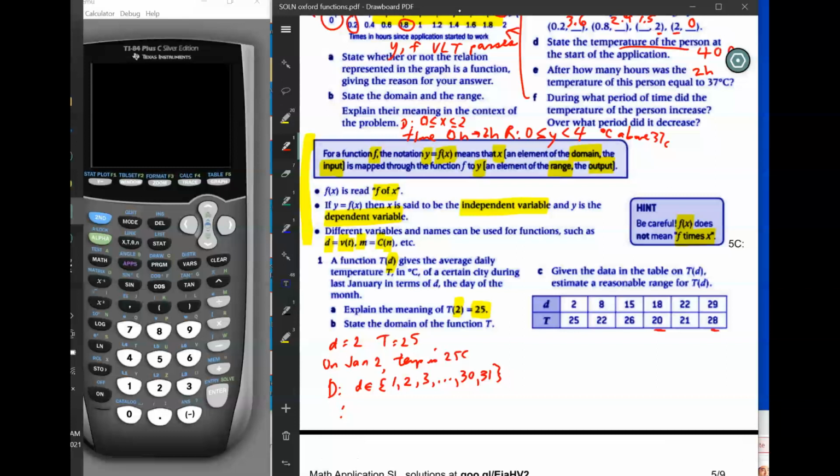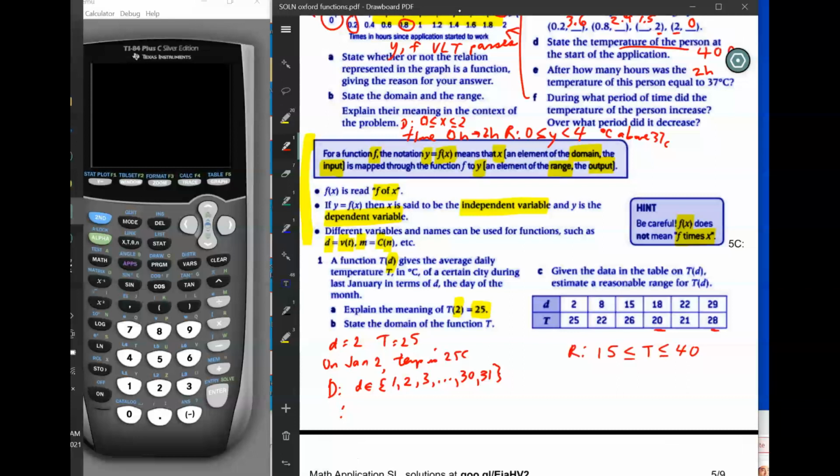So maybe we could put like 40 as the maximum temperature, and then maybe like, I don't know, 15 as the minimum temperature, and that would give us enough temperatures that will probably cover every single possible day in January. If you want to put slightly lower and slightly higher for the minimum and maximum, that would be fine. And then you could put this, okay, to complete the interval. So this would be giving a definition of the range.